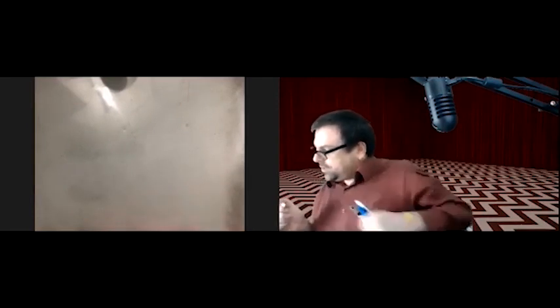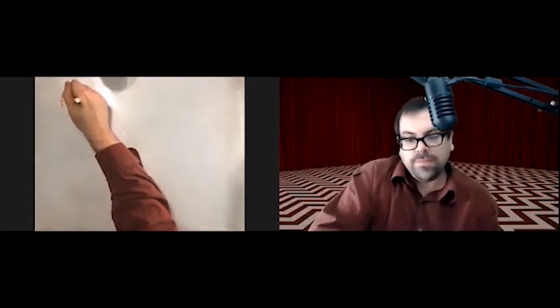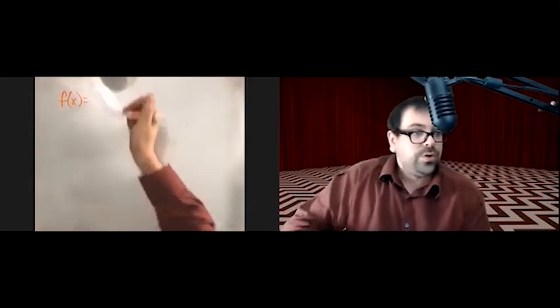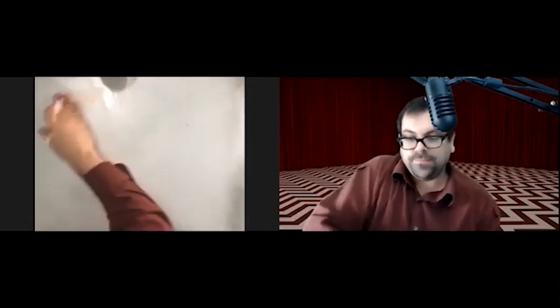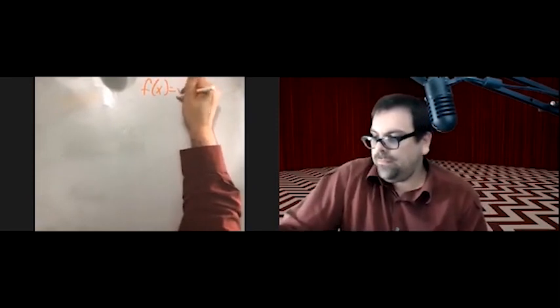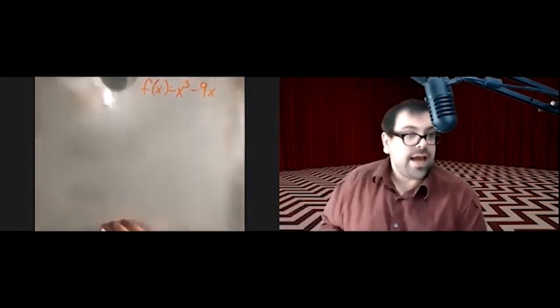Let's take a look at what we can do with f of x equals x cubed minus 9x.